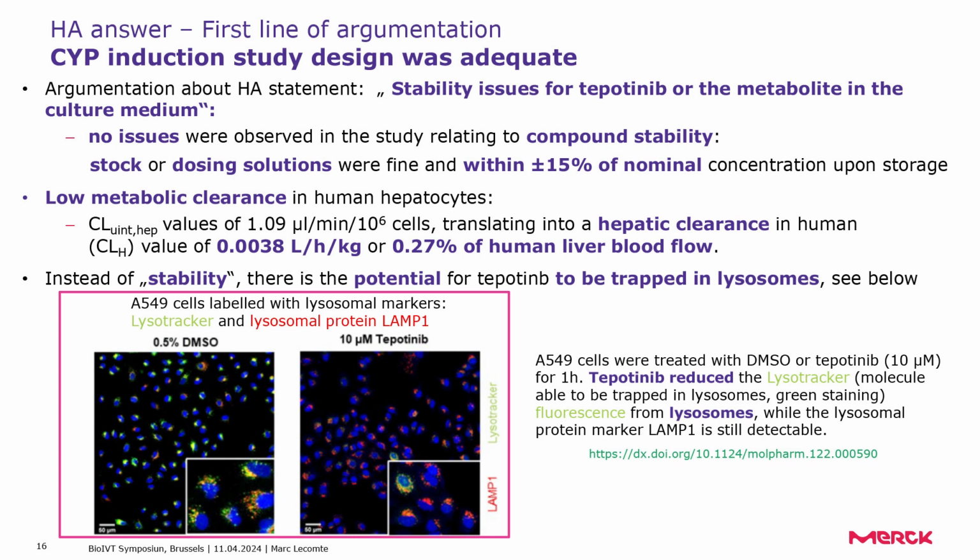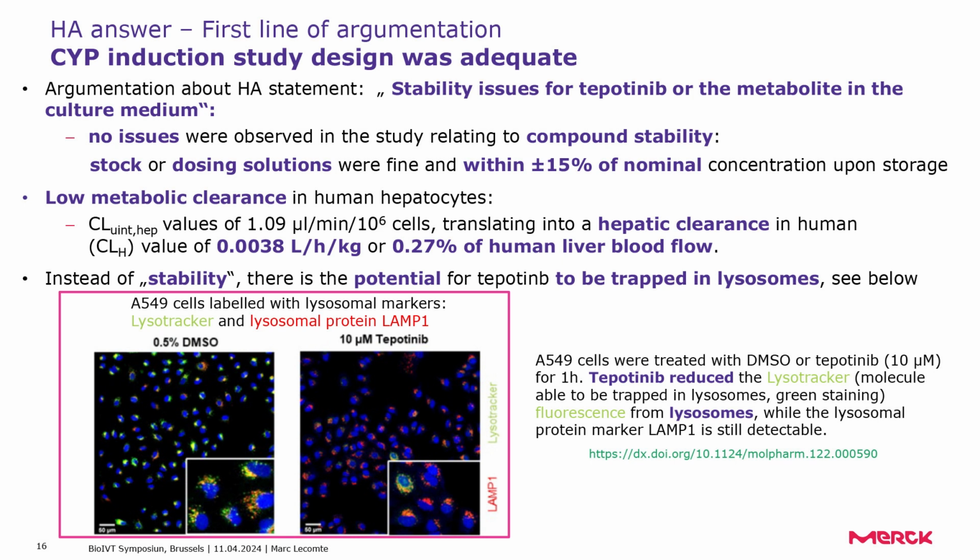So what you have here is a figure with two markers, a green fluorescent dye that can be trapped in lysosome, giving a green fluorescence, and also another marker which is a lysosomal protein.